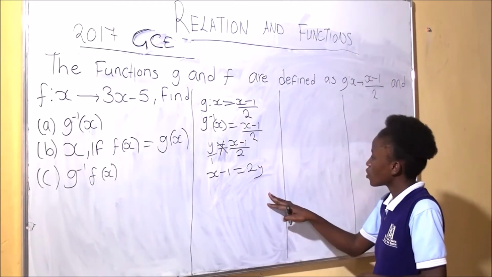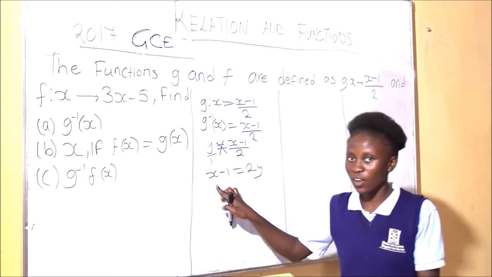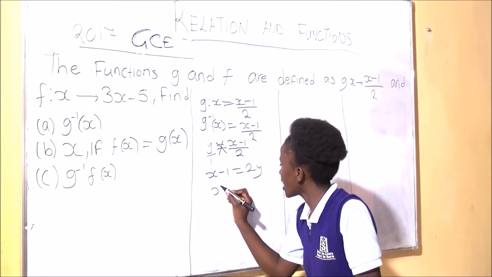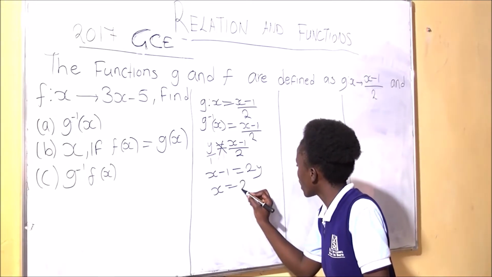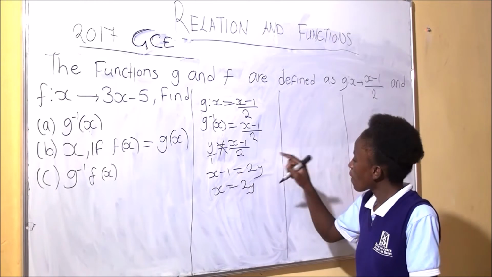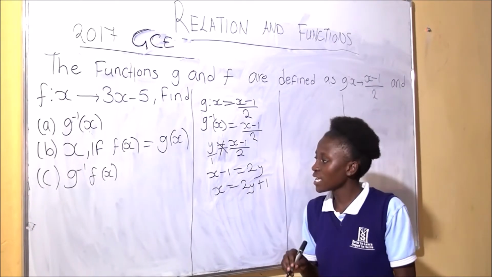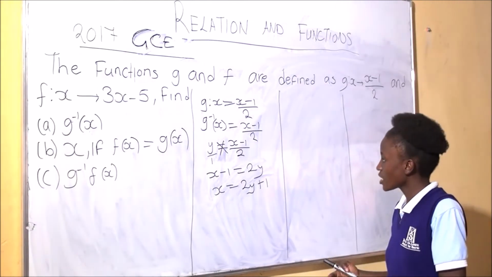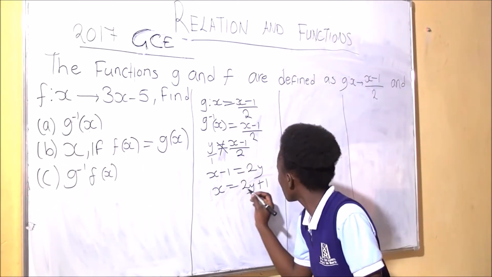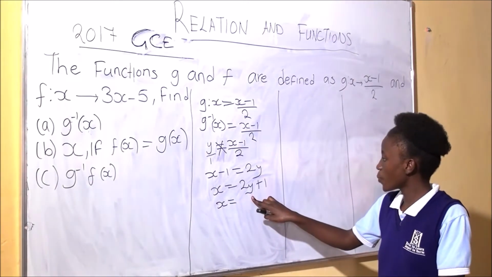Then after doing so, we are going to move negative 1 to the other side so that we can remain with x alone. So it's going to be x is equal to 2y, we bring it the way it is. Then this negative 1 is going to change to positive 1, for we know that when a number crosses the equal sign, the sign that it is carrying changes. So it's going to be x is equal to 2y plus 1. Now, where there is y, we put x.